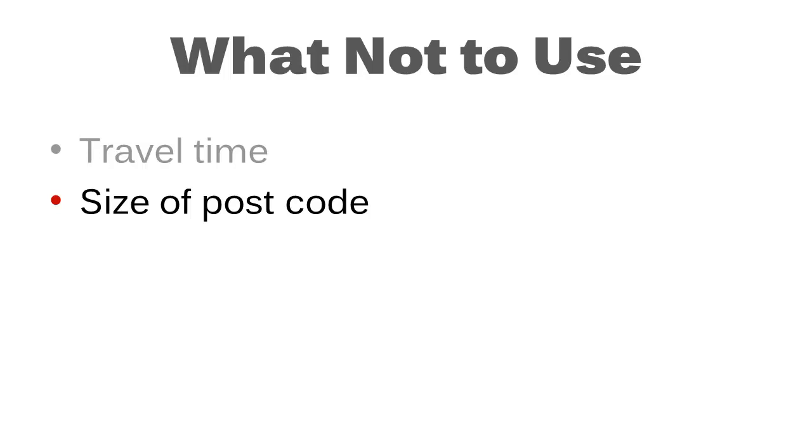The problem with that is most geographies, when they're created, most postcodes or zip codes, are defined such that in heavily populated areas they're very small, and in areas which are very unpopulated they're very large. So the potential and the work associated with the zip code can actually be inversely proportional to the area of the postcode or zip code. So we'd recommend that you don't include that as a measure.